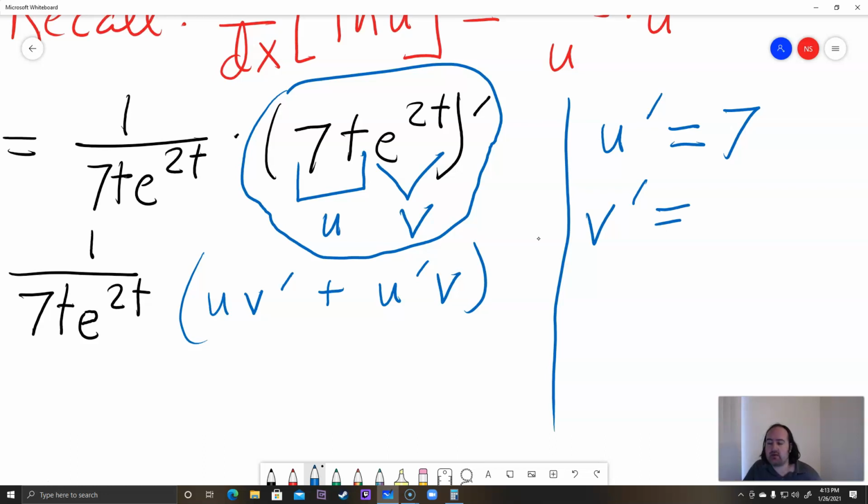So remember, the derivative of e to the u is just going to be e to the u. So that's going to be e to the 2t. But then using the chain rule, we have to multiply this times the derivative of the inside function. So the derivative of 2t is going to be 2. So v prime is going to be e to the 2t times 2. In other words, 2e to the 2t.